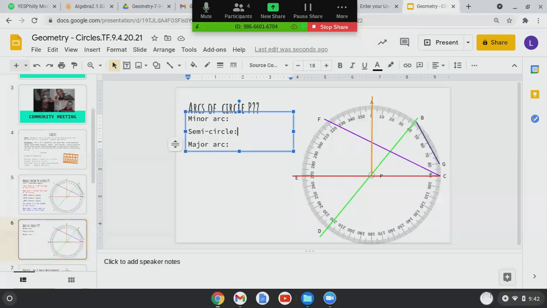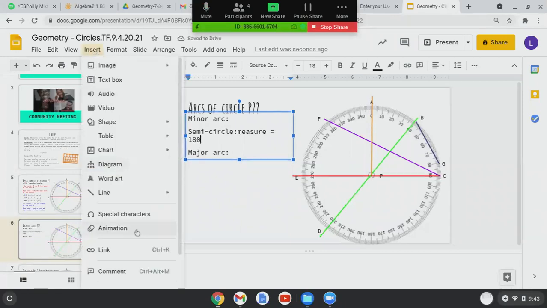Exactly. So a semicircle, measure equals 180 degrees.